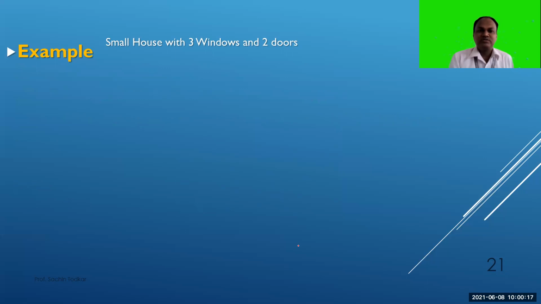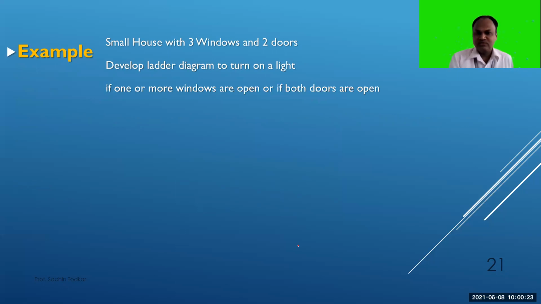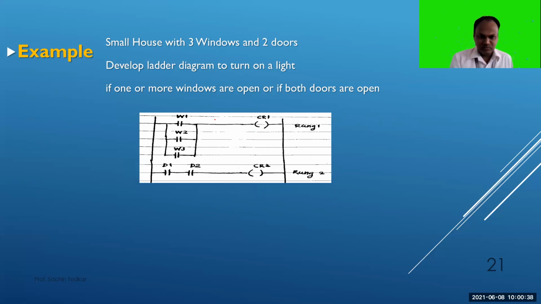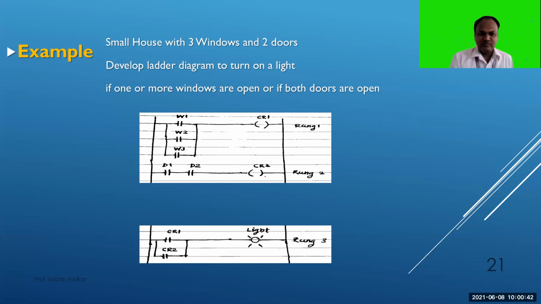Okay, now we'll see the next example. There is a small house with 3 windows and 2 doors. Develop a ladder diagram to turn on a light if one or more windows are open, or if both doors are open. Okay, so somewhat complicated. There are 3 windows. If any one window is open, then your control relay should be turned on. If both doors are open, then control relay 2 should start.